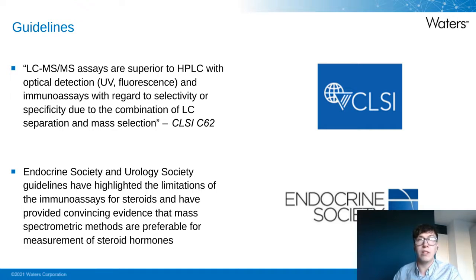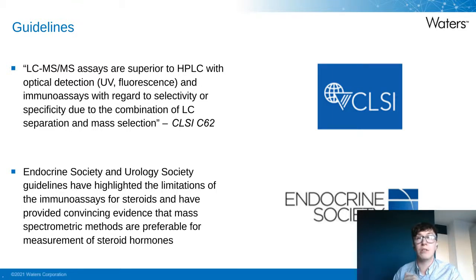So in regards to these recommendations, there are some guidelines that I wanted to highlight, particularly two pieces of information found in this slide. One of which is from CLSI C62-A, which highlights the superiority of LC-MS methods over HPLC with optical detection and immunoassay, and this is in regards to selectivity due to the orthogonality of LC separation and mass detection by mass spectrometry.